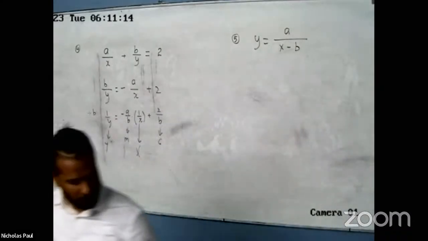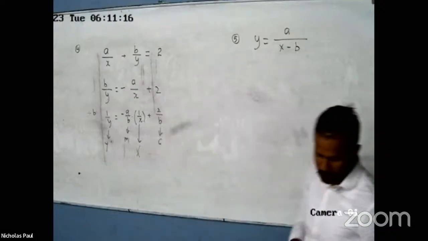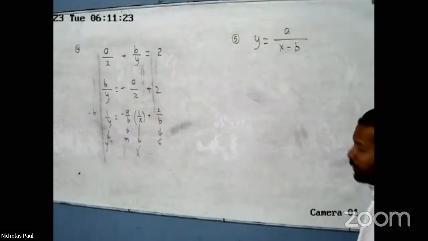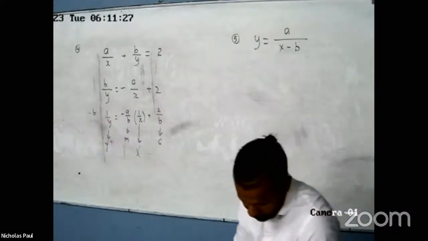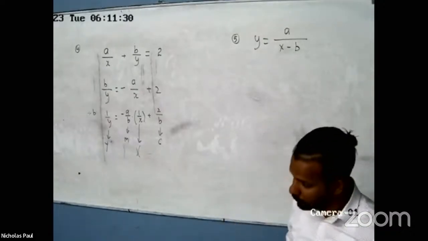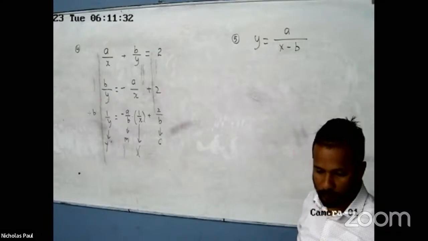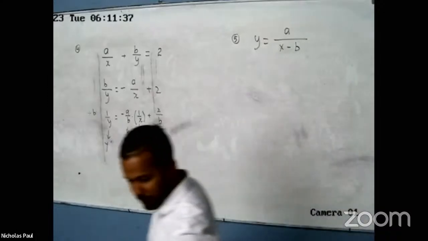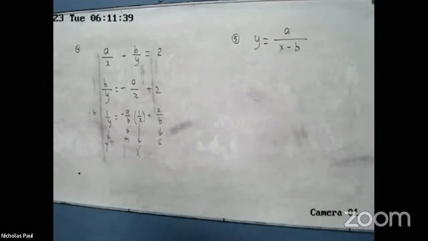May or may not work. y is equal to a over x minus b. Try something. Right, these questions you have to manipulate them, then you will recognize what's the problem, right?